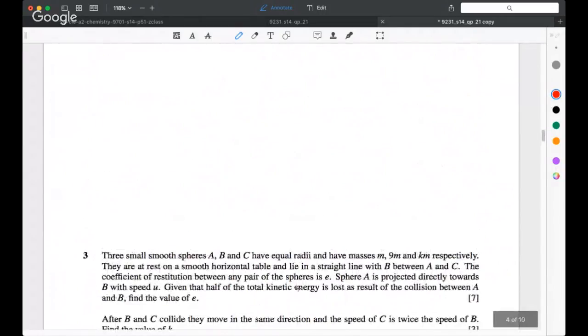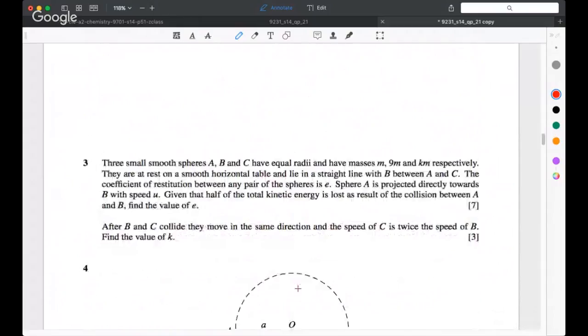Question 3. Three small smooth spheres A, B, and C have equal radii and masses m, 9m, and km respectively. So we have A with mass m, B with mass 9m, and C with mass km, where k is an unknown variable.